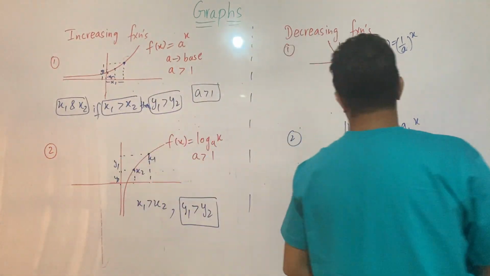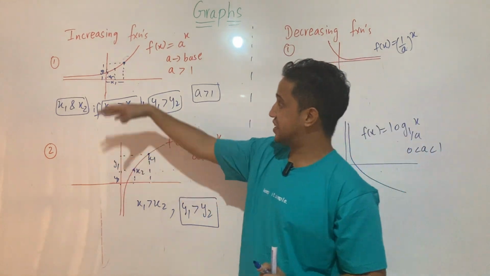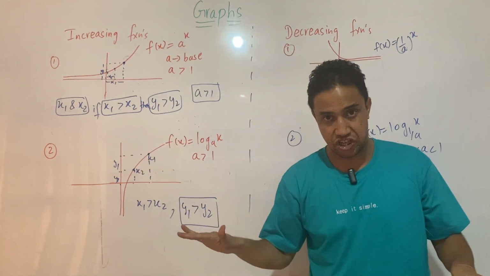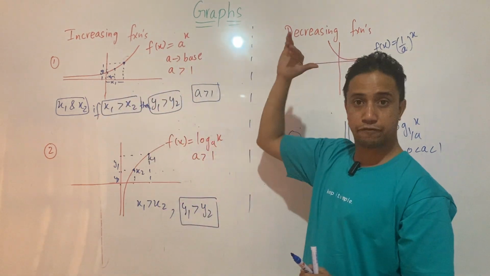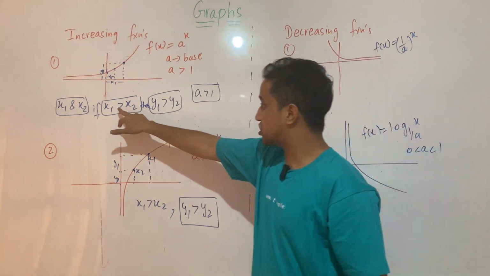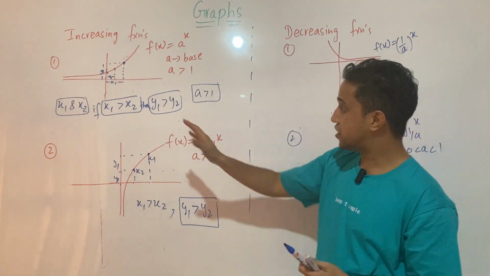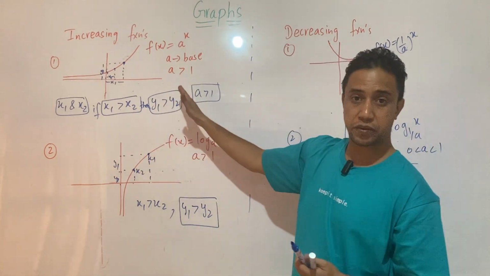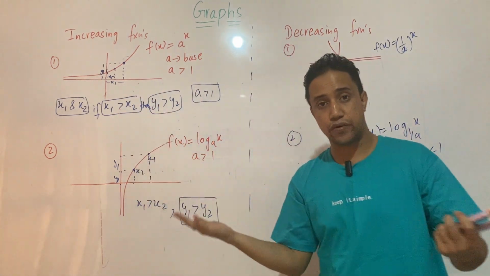Okay, so here, if you observe one thing, you can see that in an increasing function, the sign of inequality does not change. When you apply the function to both sides of the inequality, or you remove the function, the sign of inequality does not change. See here, x1 is greater than x2, then y1 is going to be greater than y2. It means that the sign just remains the same.